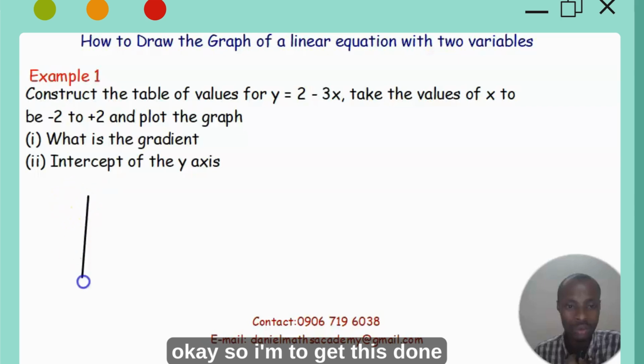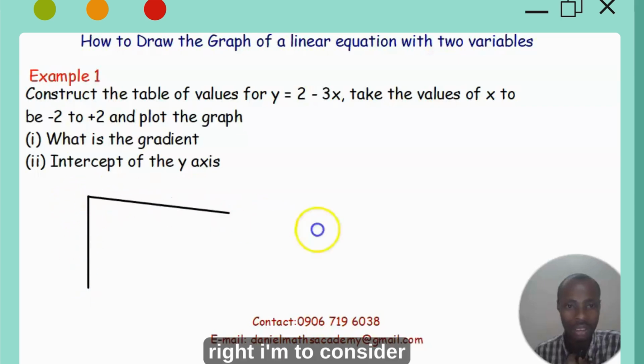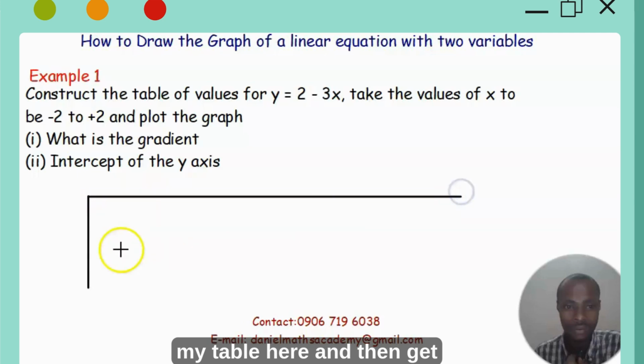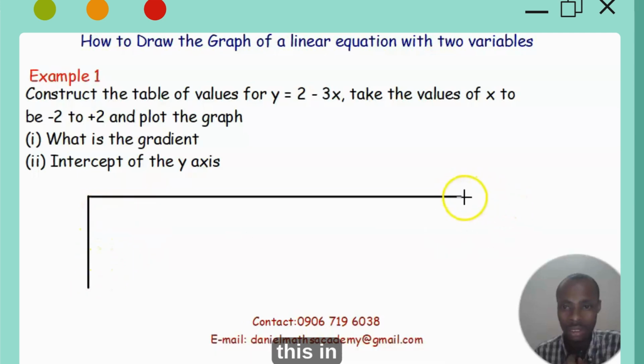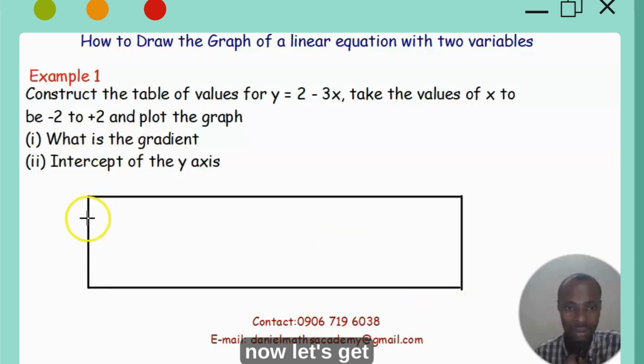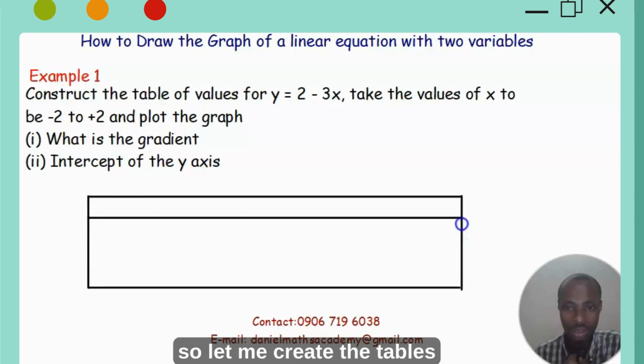Okay, so I'm going to construct my table here. Right, now let's get this part so you can just understand what we're doing.